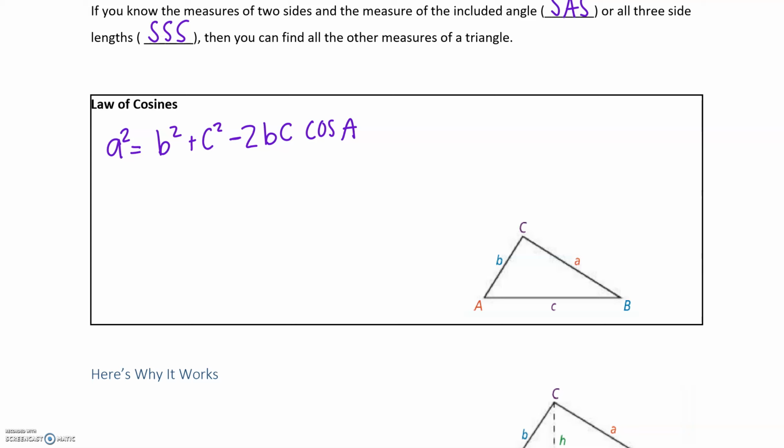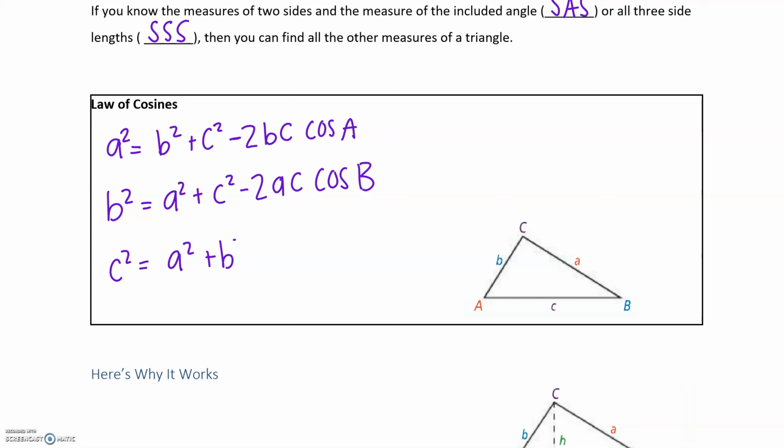It's the same thing for B and C. If we're looking for the side length of b, we're going to do b squared equals a squared plus c squared minus 2ac times the cosine of B. And finally, if we're looking for the side length of c, we're going to do c squared equals a squared plus b squared minus 2ab cosine of C.